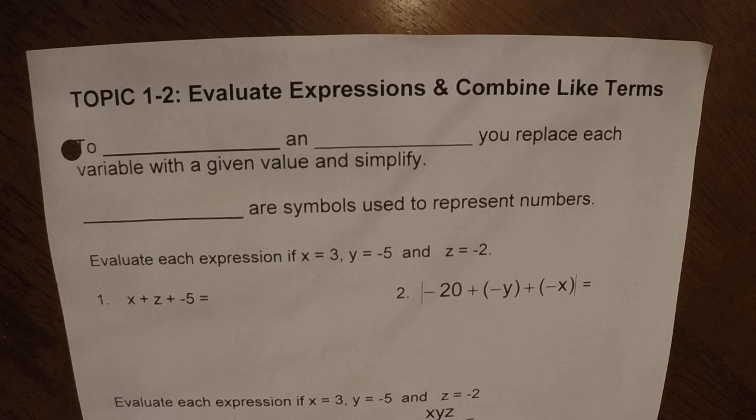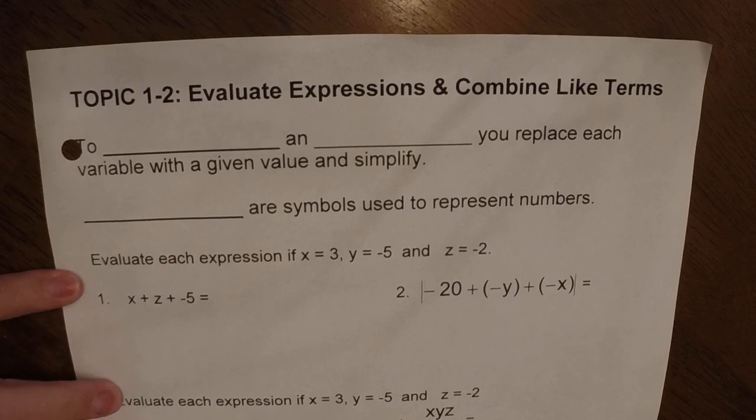What you guys just learned was about absolute value, inequalities, and the properties of algebra. So now what we're going to do is use those properties of algebra to evaluate expressions and to simplify polynomials, or combine like terms, is another way to say that. So the first thing that we want to do is to evaluate an expression.